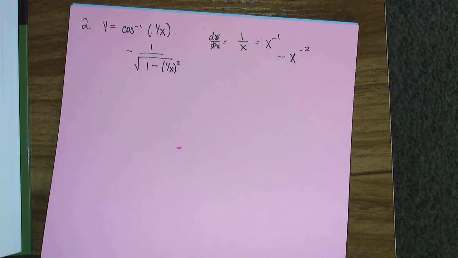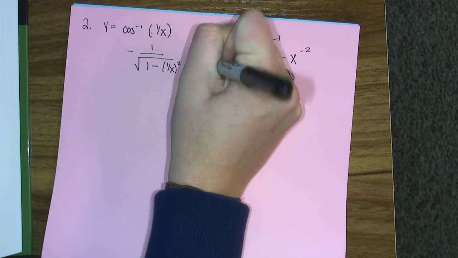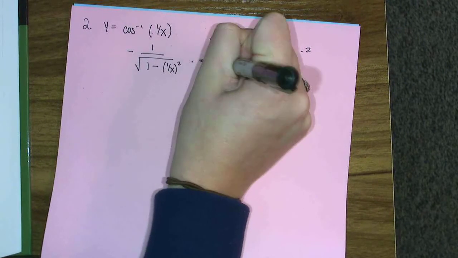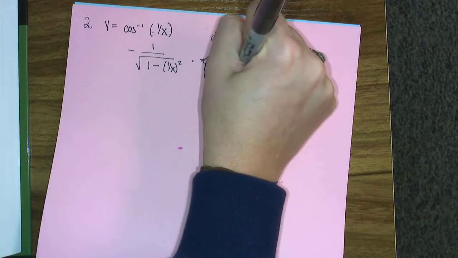So basically that's going to come out here, so negative times negative, well, 1 over x squared.